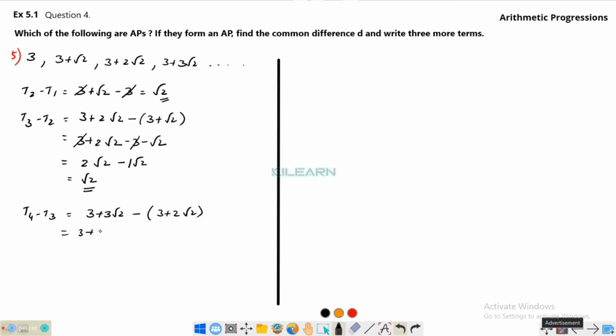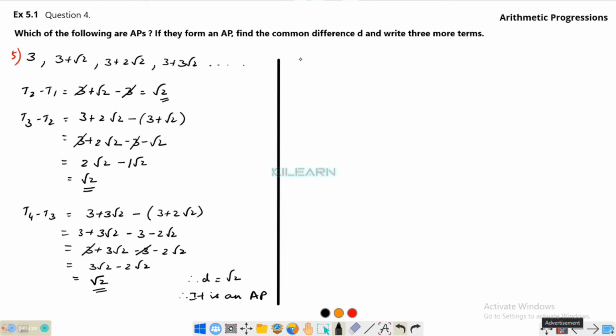Minus into plus is minus 2 root 2. So 3 plus 3 root 2 minus 3 minus 2 root 2, where I can cancel, plus 3 root 2 minus 2 root 2 gives us 1 root 2. So if you see, the difference is root 2, therefore it is an AP.